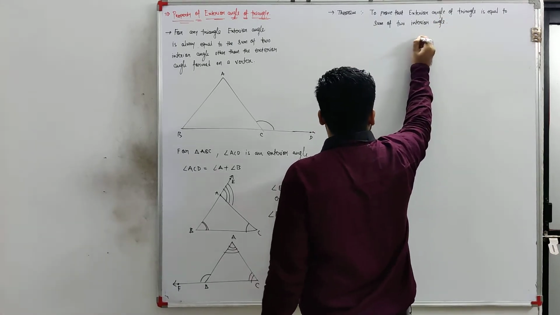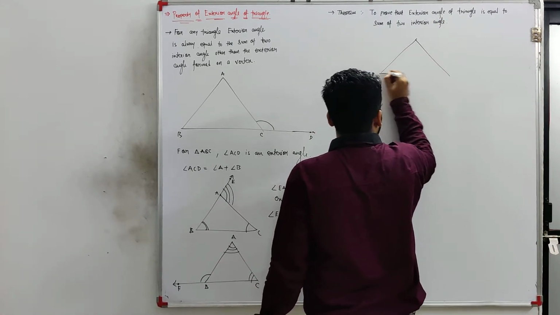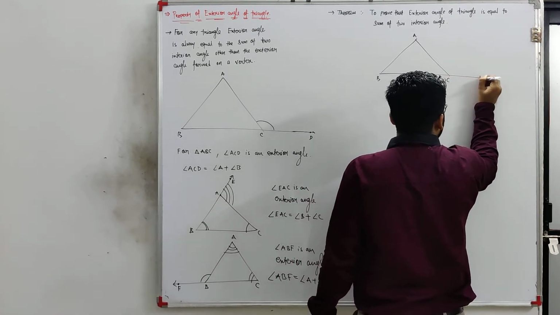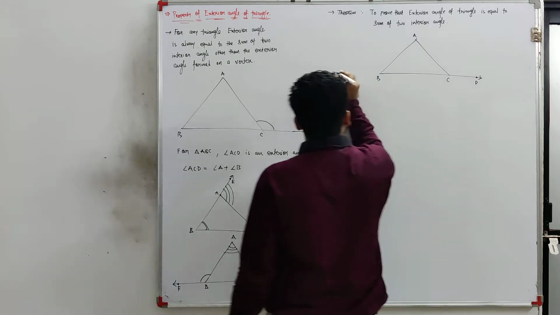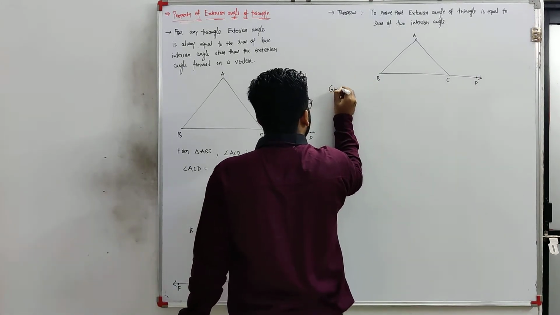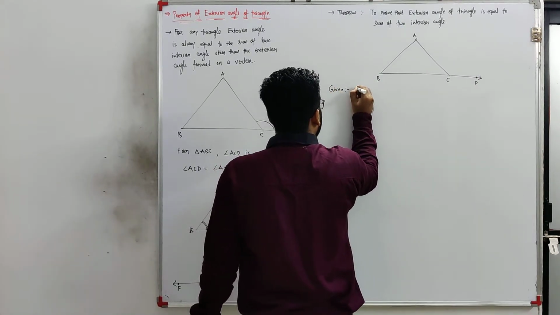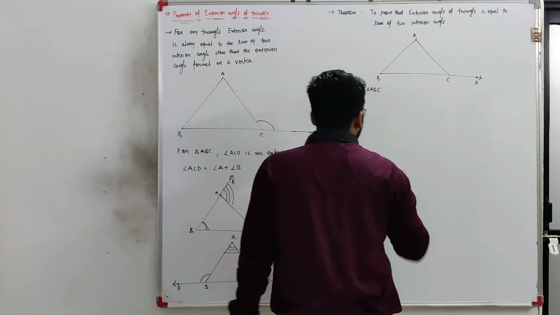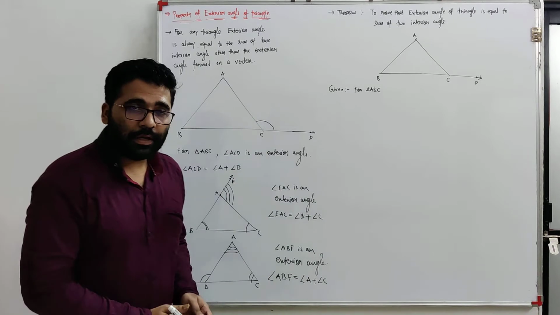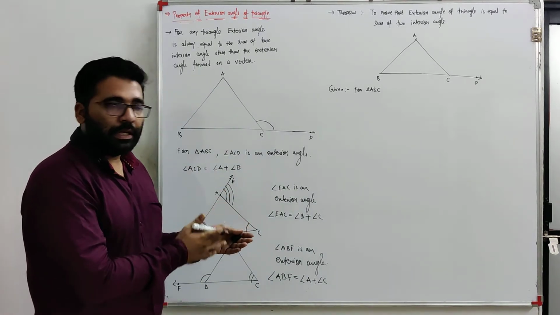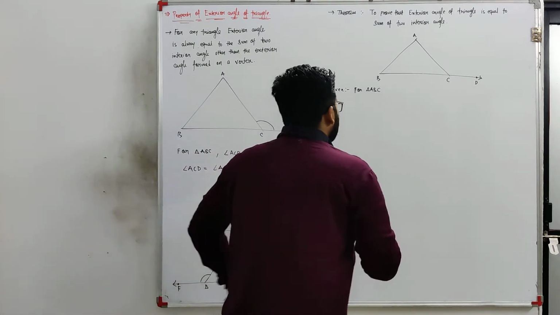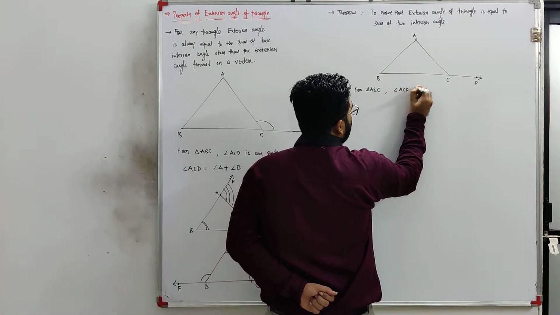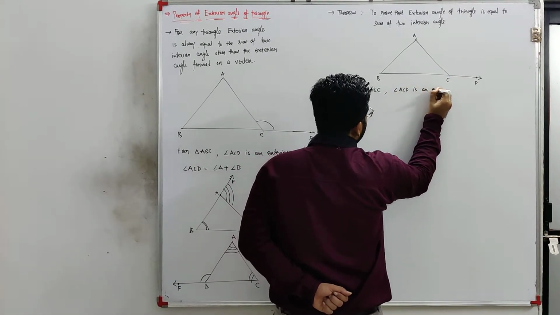So I want to prove that this is my figure, triangle ABC, and this one is D. I need to prove that. Well, first it is given that for triangle ABC, this is just for the information how this property occurs. In triangle ABC, we can say that angle ACD is an exterior angle. Okay?